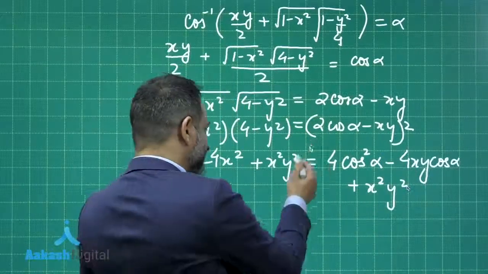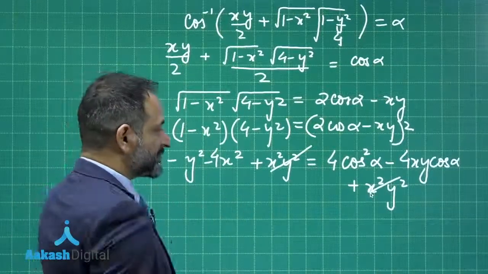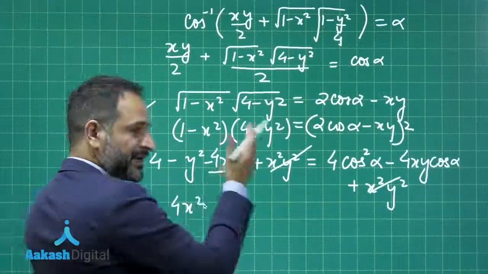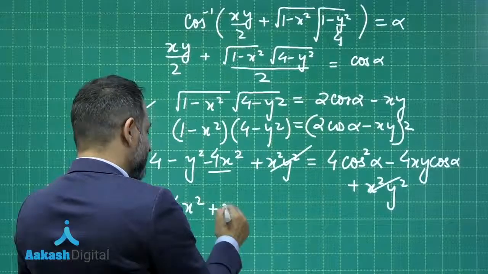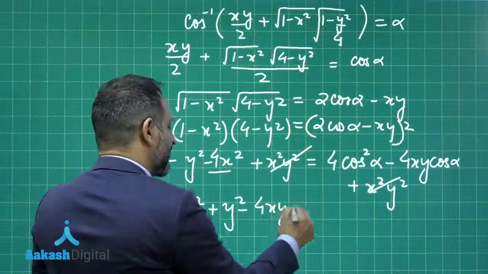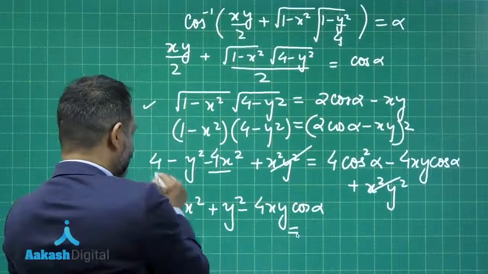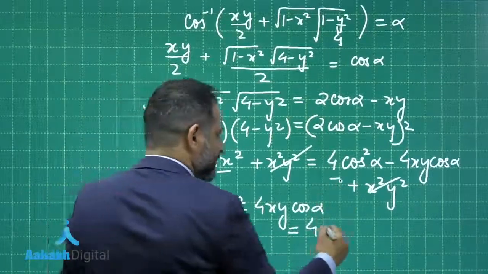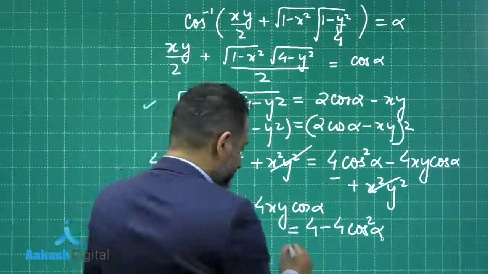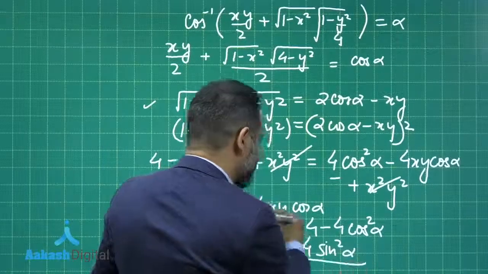Now you can easily see this term cancels out, and from here you can notice what we will get. We have 4x square taking on the right hand side plus y square and minus 4xy cos alpha is equal to 4 minus 4 cos square alpha, which is actually equal to 4 sin square alpha.